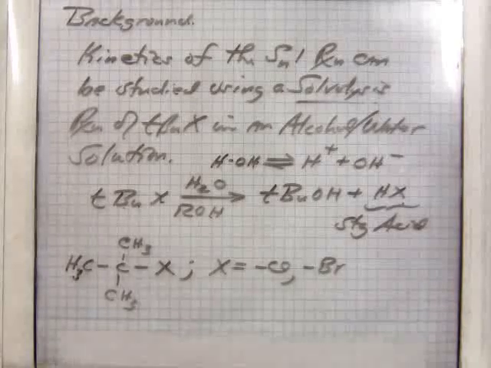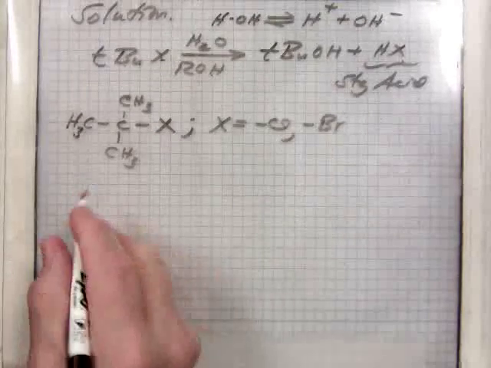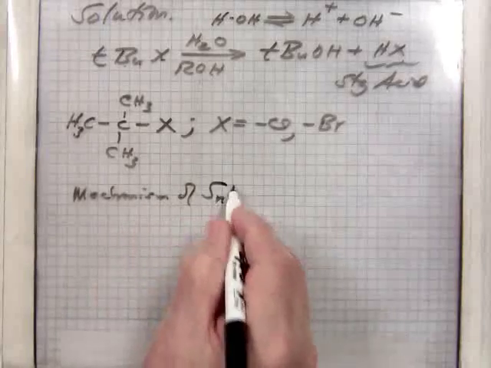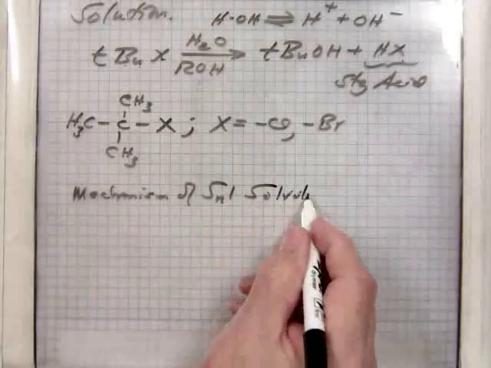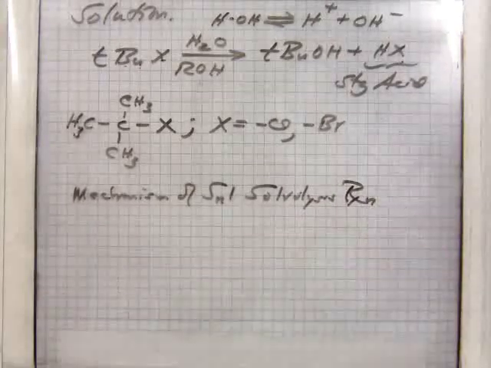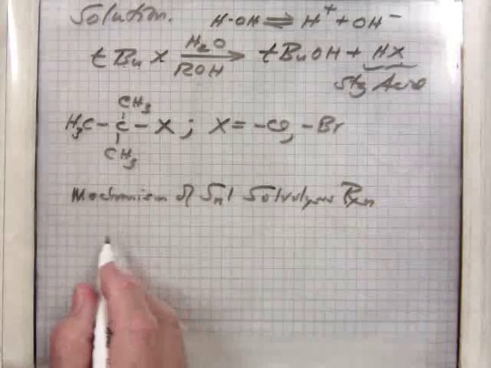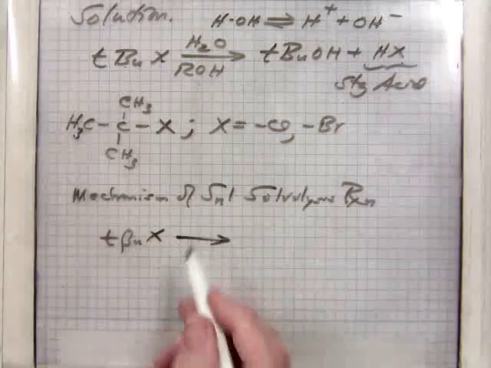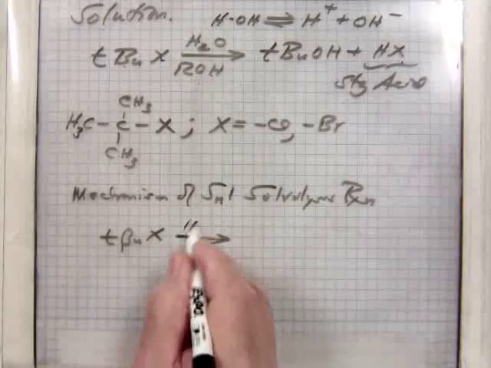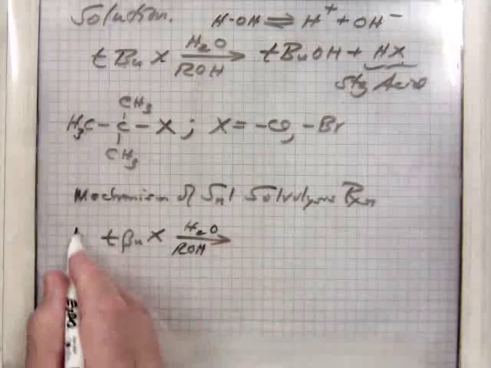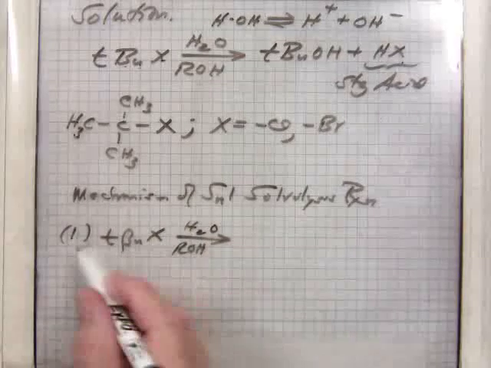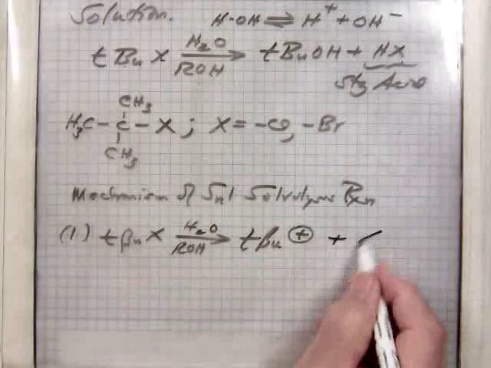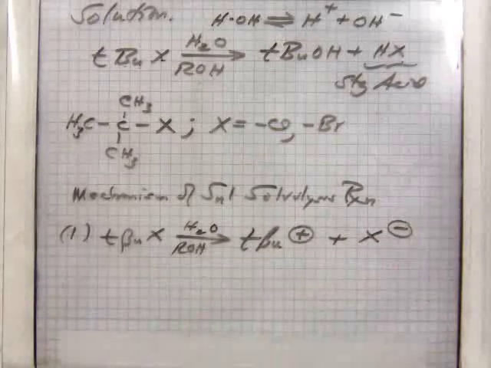Well, the mechanism of the SN1 reaction is as follows. It goes in two parts. The T-butyl halide, when it's placed into the water solution, in step 1 of the mechanism ionizes, and goes to T-butyl cation plus the halide coming off as a negative ion.